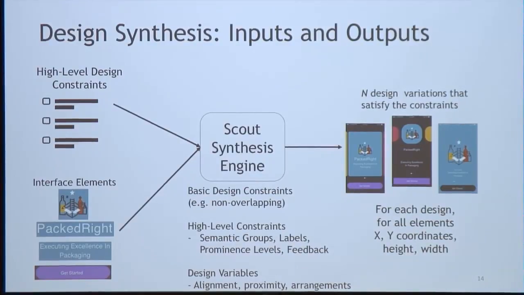And then we have a set of design variables that are also encoded into the system that can modify different properties of the design to create the variations. And then for each design, for all of the elements, we produce x, y coordinates and height and width. So this means we're only currently producing layout variations, but we might consider doing more properties like fonts and colors in the future. We're just focusing on the layout part for now.